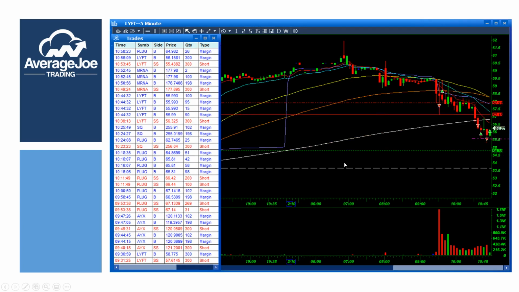But that was SQ. And here's my nemesis today. Lyft. Okay. Yesterday, the good move I got on PayPal, shorting it on the break of the pre-market low and getting that big move, I was looking for that today on Lyft.